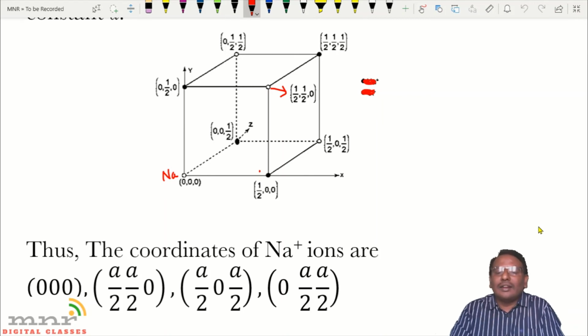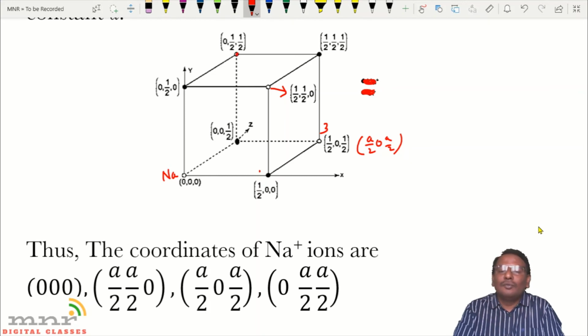The third atom has the coordinates a/2, 0, a/2. The fourth atom has the coordinates 0, a/2, a/2.